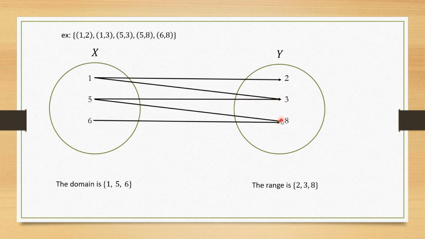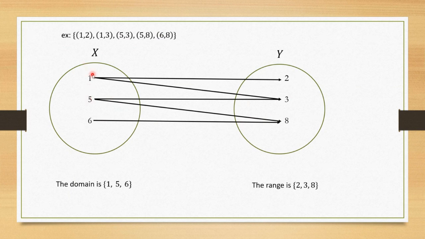We have these wonderful arrows. 6 goes to 8. 2. So we have this relation. This also would not be a function.